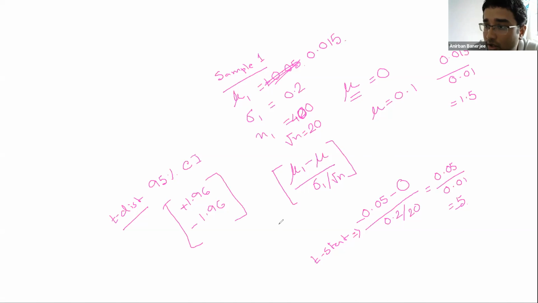So you cannot reject the hypothesis that actually the population mean is 0. The sample you have drawn is giving you a mean return of 1.5%, but based on the standard error, this is not statistically different from 0 at 95% confidence interval or 5% level. Is this clear now?